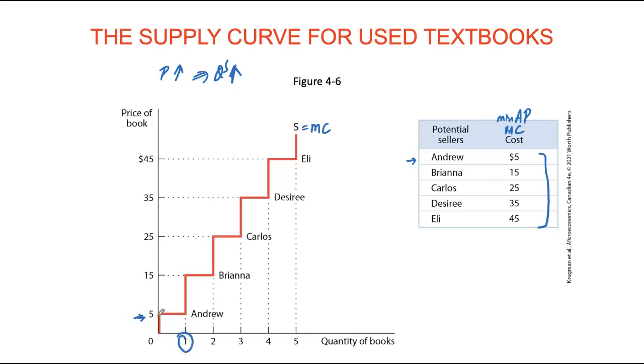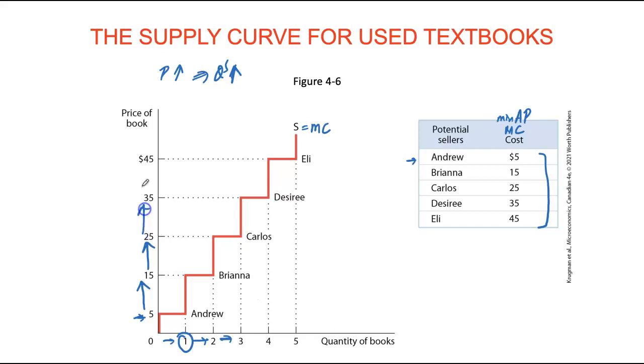So the price must be at least $5 for the first unit of the textbook to be supplied in this market. If the price is 5 or higher but lower than 15, only Andrew is willing to sell the textbook. So quantity supplied is simply 1. As price rises to 15, now we have both Andrew and Brianna willing to sell the textbook. So price goes to 15, quantity supplied increases to 2 units. And as price goes up to 25, now we have all 3, Andrew, Brianna, and Carlos, willing to sell their textbooks.